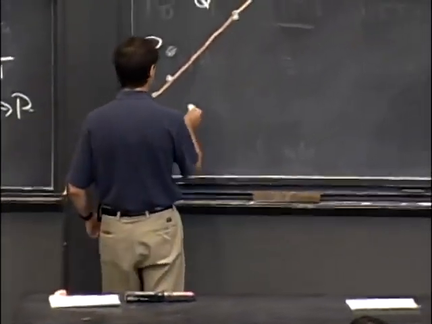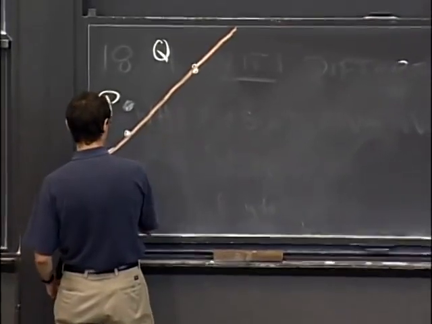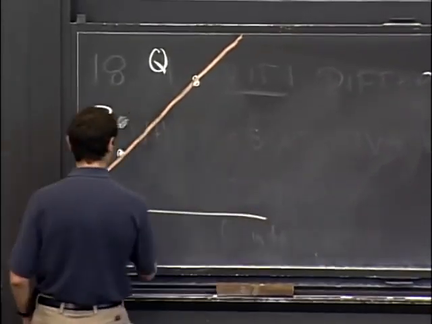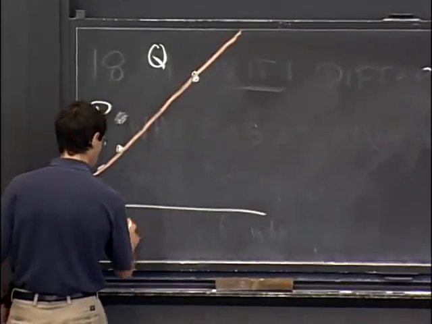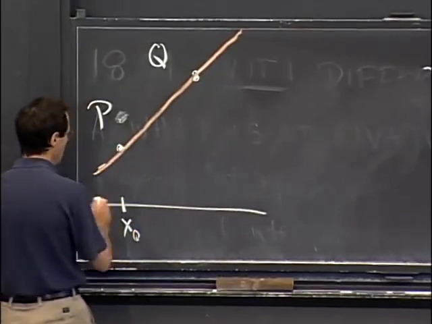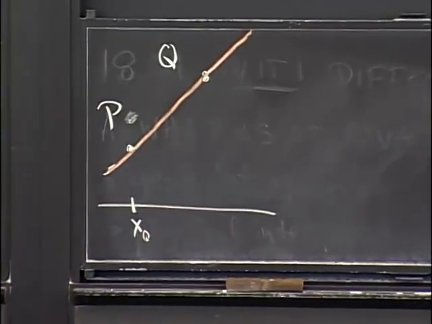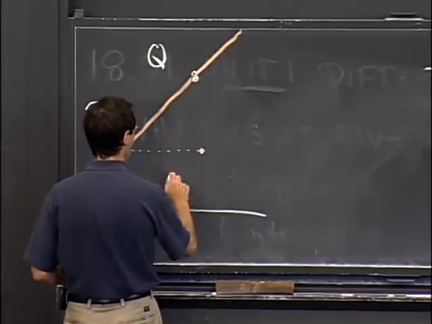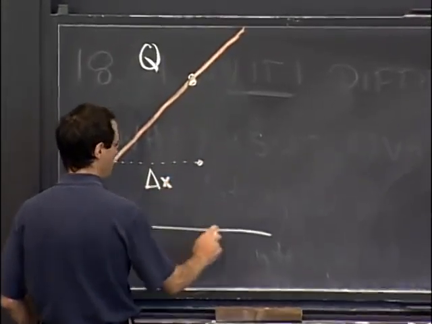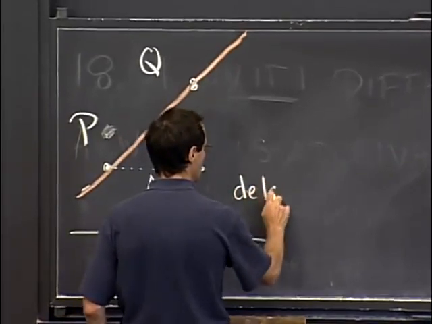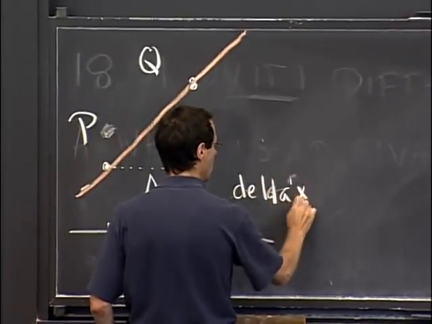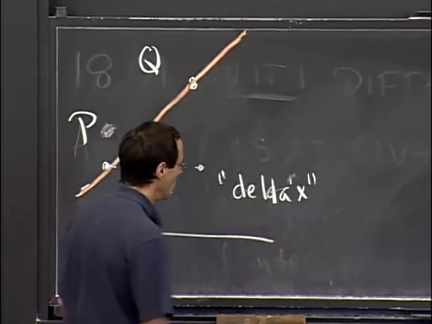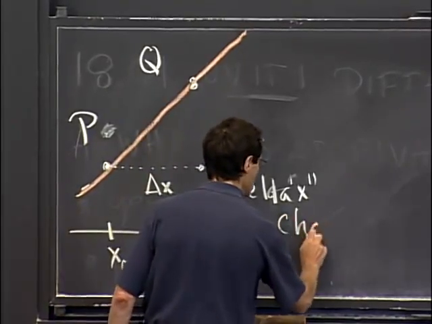So the first notation that's used is, you imagine here's the x-axis underneath, and here's the x0, the location directly below the point P. And we're traveling here a horizontal distance, which is denoted by delta x. So that's delta x, so-called. And we could also call it the change in x.